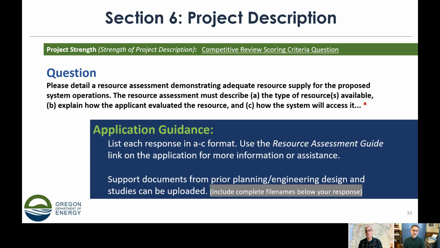Then you will upload the document that has that matching name as an uploaded document. That way all the reviewers can quickly match an answer in the online application with the downloaded document that you've provided, and the names match and the question numbers match. So it makes the review possible. They cannot review information that they cannot find, and that can affect your score.